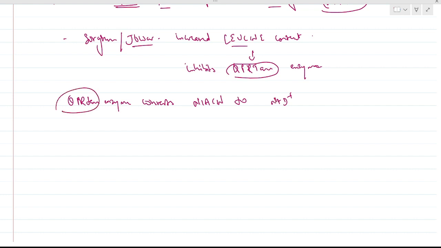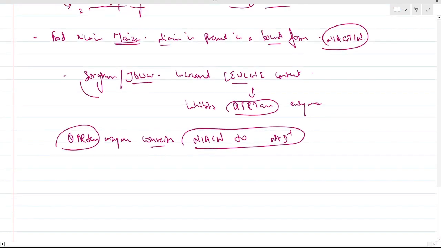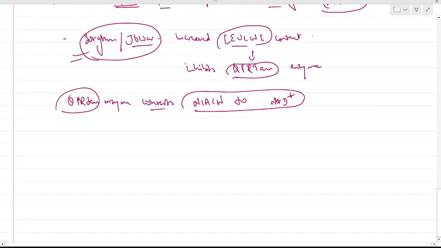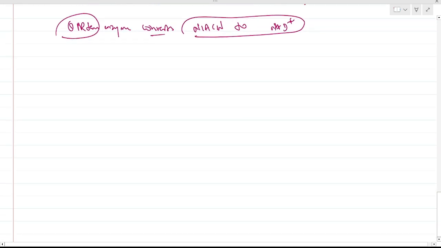As this QPRTase enzyme converts it to NAD+, people consuming excess sorghum or jowar, which has increased leucine content, which inhibits the QPRTase enzyme, have a decrease in the active form of niacin, that is NAD+, and thereby decreased activity of the enzymes requiring NAD+, leading to the deficiency manifestations and symptoms.